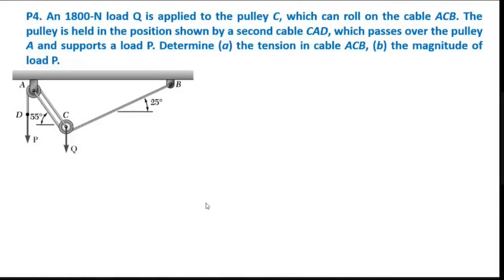This is another problem. You have an 1800 Newton load at Q, applied to the pulley C, which can roll along the cable ACB.